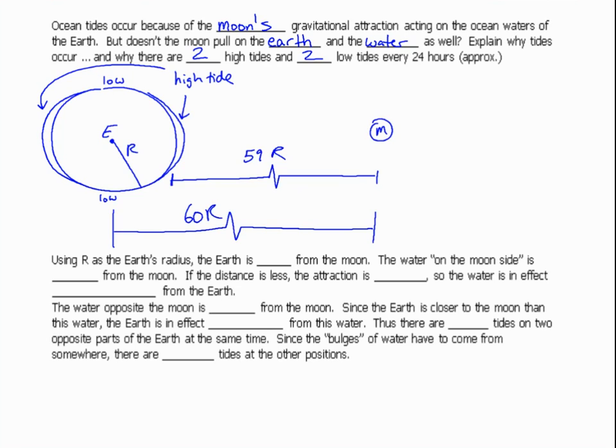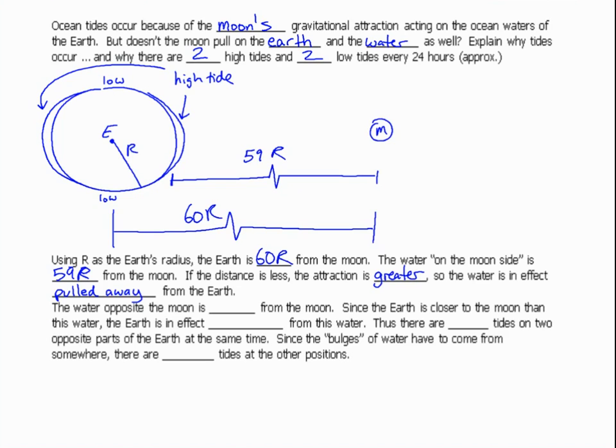So using r as the Earth's radius, the Earth is 60 times the radius, 60r from the moon. The water on the moon side is 59 times the radius, or 59r from the moon. If the distance is less, the attraction is greater, according to the formula. So the water is in effect pulled away from the Earth.